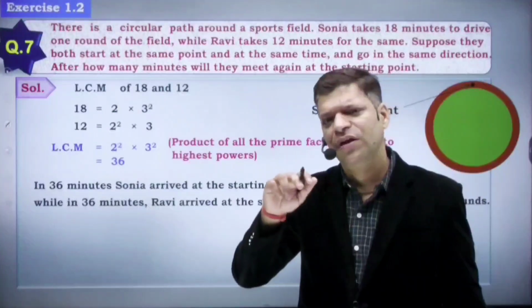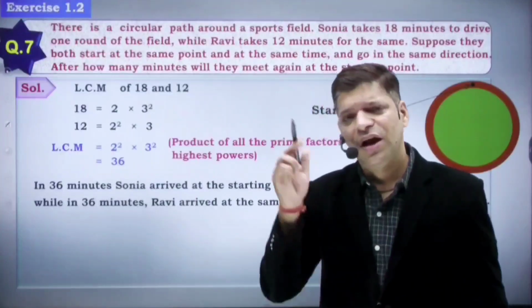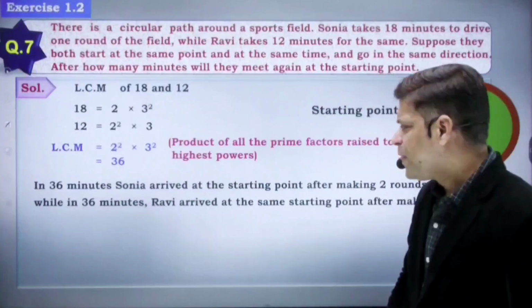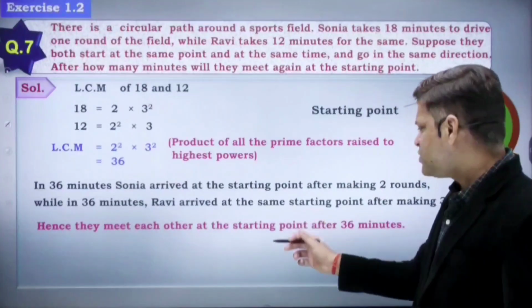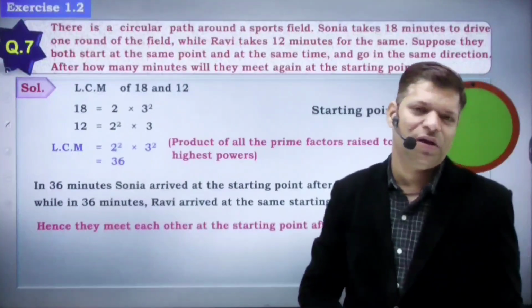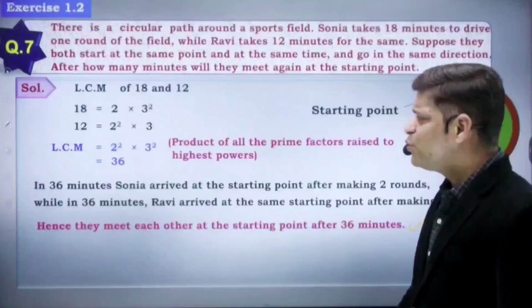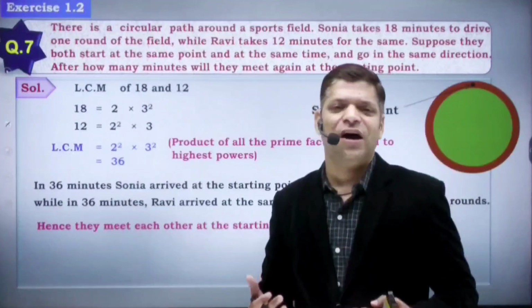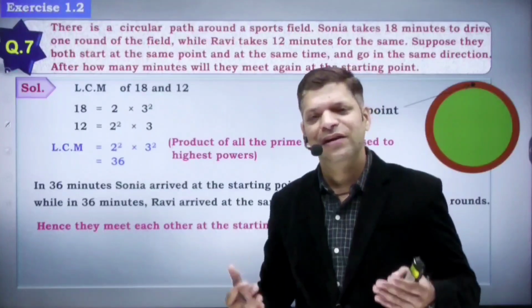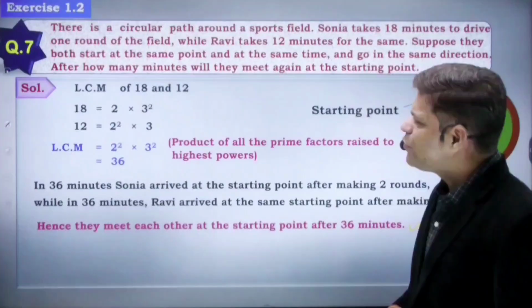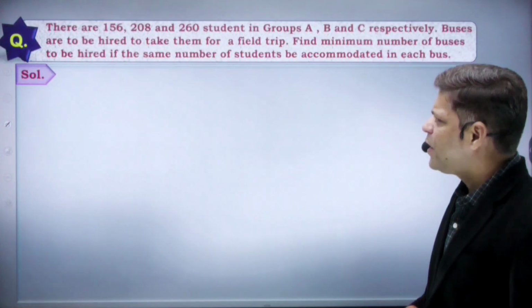Okay, so now they meet each other at the starting point after 36 minutes, right? So this is one of the application parts, that is, how we apply HCF and LCM in the application part. So we move to the next question and also see the concept of how we will apply it.